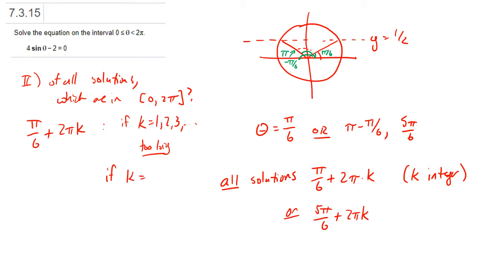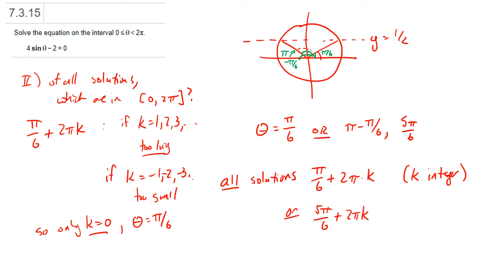Similarly, if k is negative, then I'll be too small because I will have a negative 2 pi, and I'm only adding a little bit on top of that, so I will be less than 0, which means the only viable choice is k equals 0, corresponding to an angle of pi over 6.